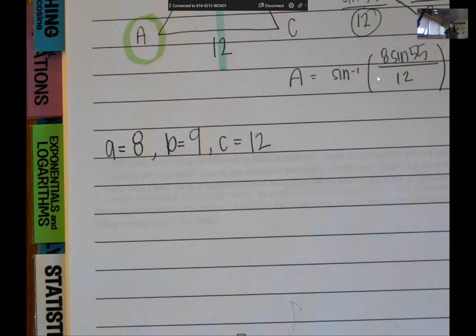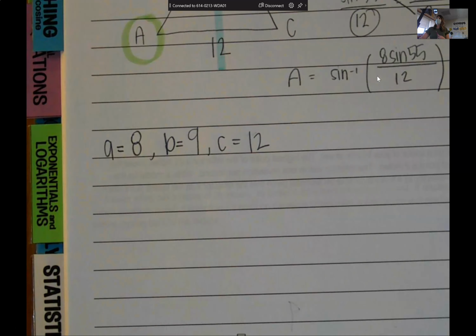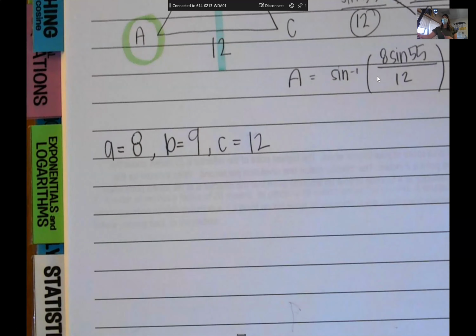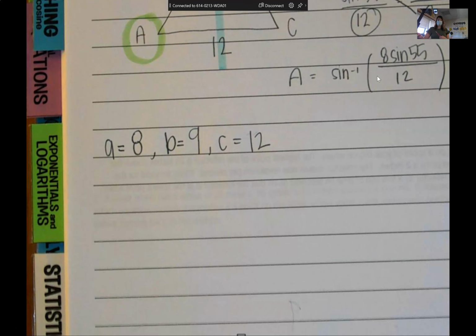So step number 1, circle or underline or indicate somehow which side length you're going to use first. So take like 10 seconds to do that. Which side are we going to use first?